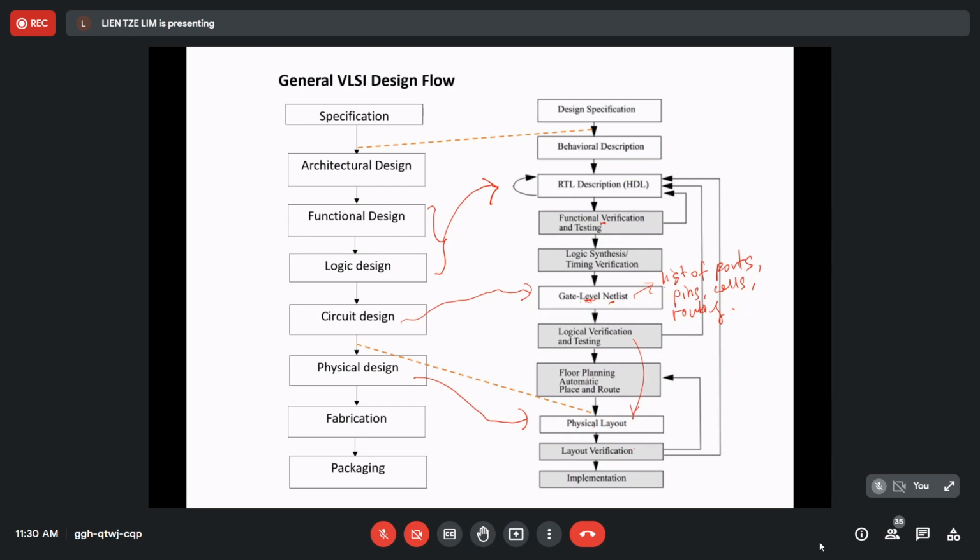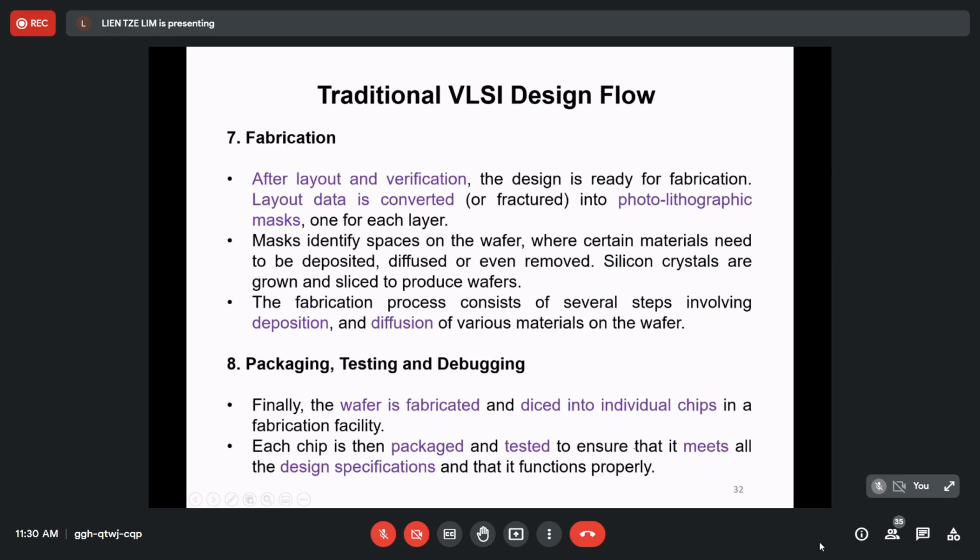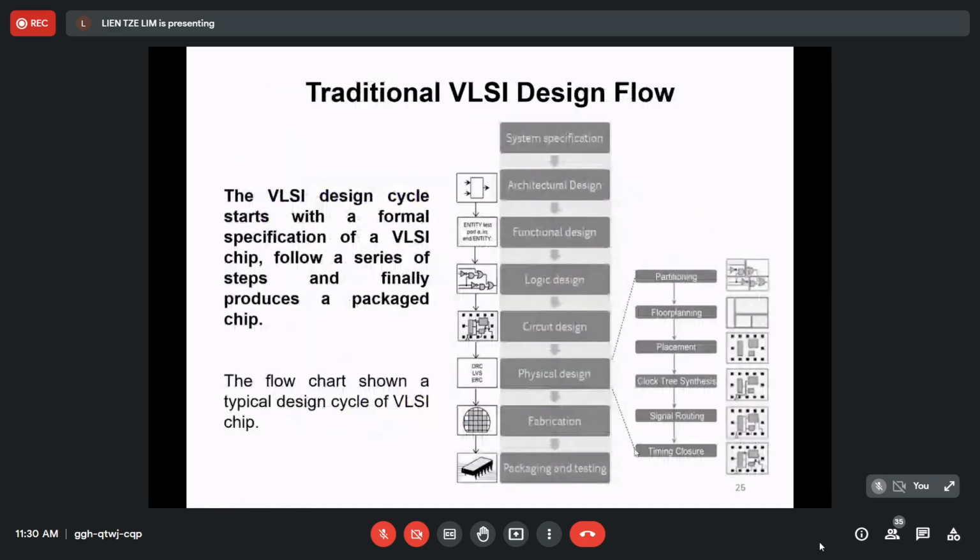I want to show you the previous flow chart here. This is the physical design. Under physical design, there are a few more steps that have to be followed: partitioning, floor planning, placement, clock tree synthesis, signal routing, and timing closure.